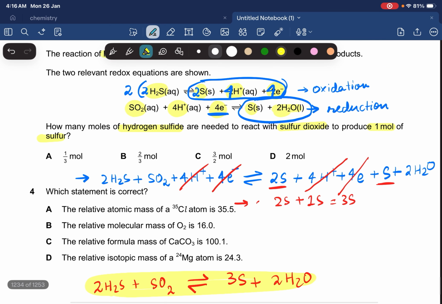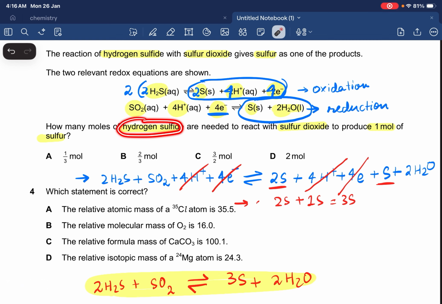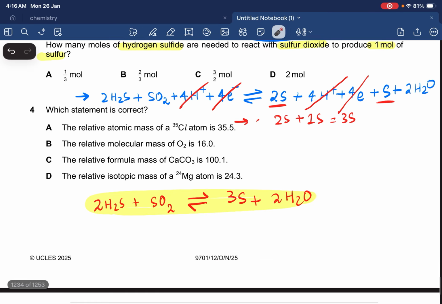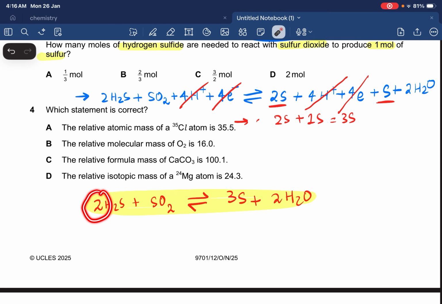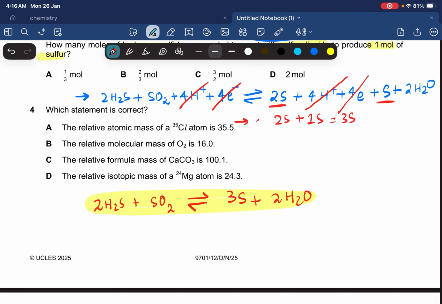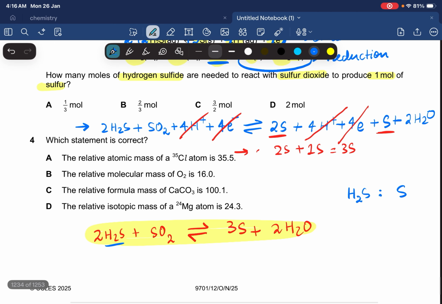Now the question says: how many moles of H2S are needed to react with sulfur dioxide to produce 1 mole of sulfur? Okay, so now I'm going to use the ratios. If 2 moles of hydrogen sulfide react, they form 3 moles of sulfur. So according to my ratios, hydrogen sulfide to sulfur is 2:3.